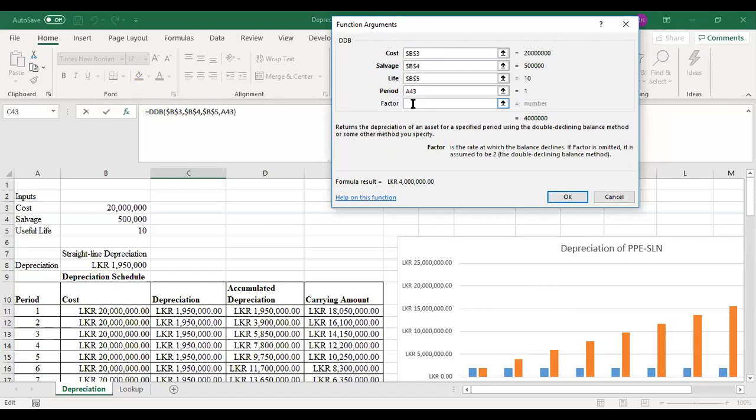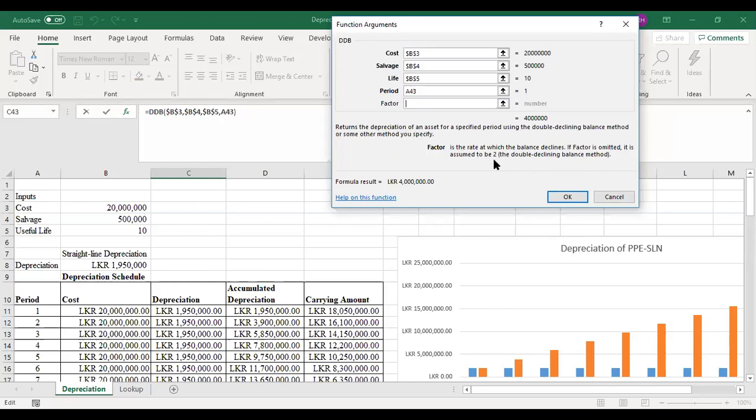When it comes to this factor, if you ignore that, it is taken as 2. Or if you wish to make it 3, 4, 5, or even 1, you have the opportunity to do so, right? So that is the double declining balance. What does it really double, as it suggests?